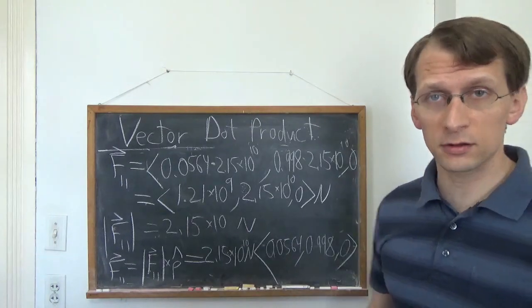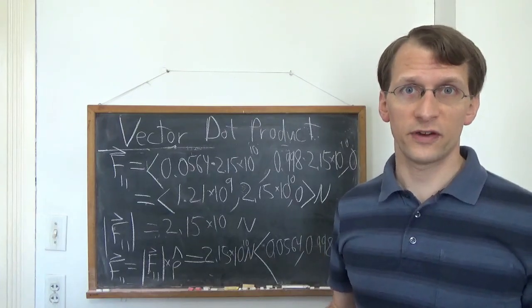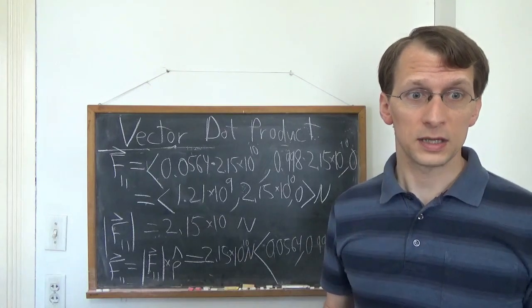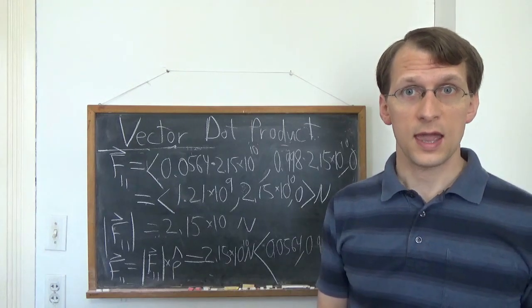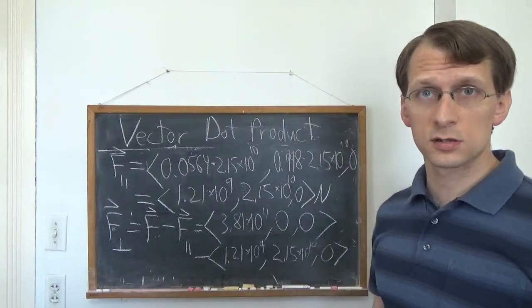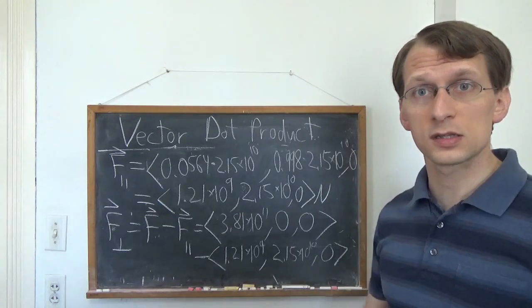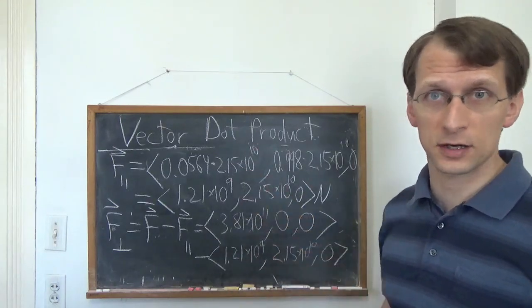Finding the perpendicular force at this point is a lot easier than finding this one, because now it's just a matter of taking the original force and subtracting the parallel force. So when subtracting vectors, when you're given all the components, you just subtract the components that are in the same direction.